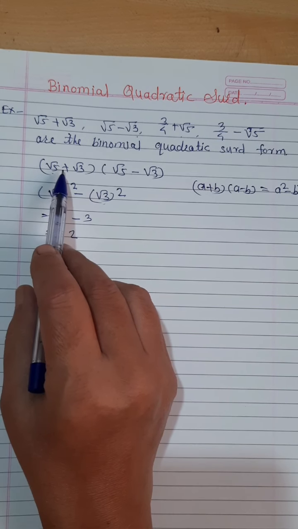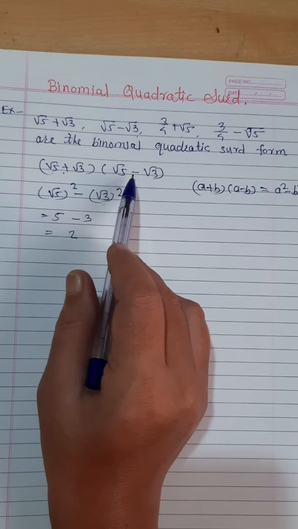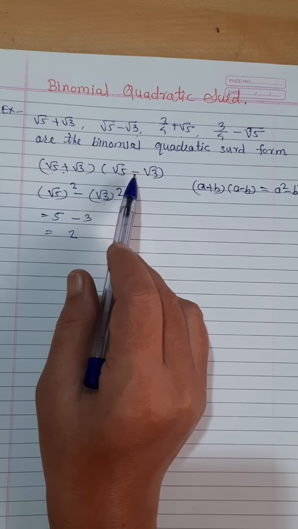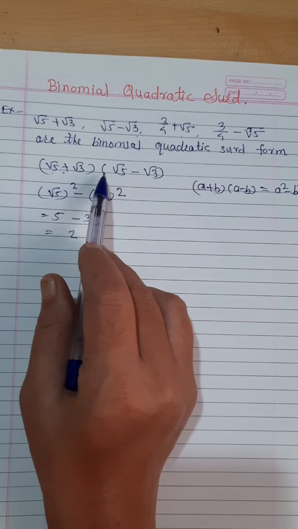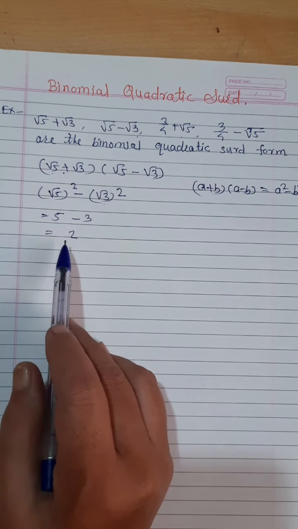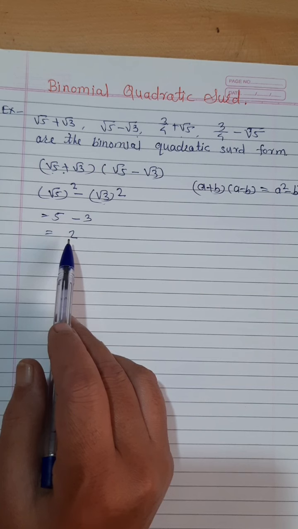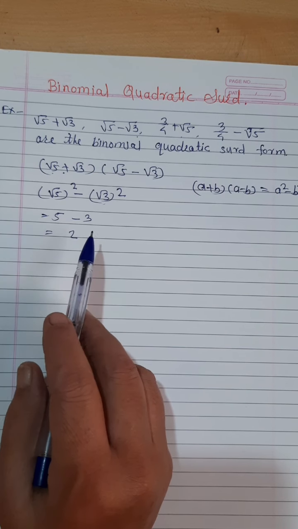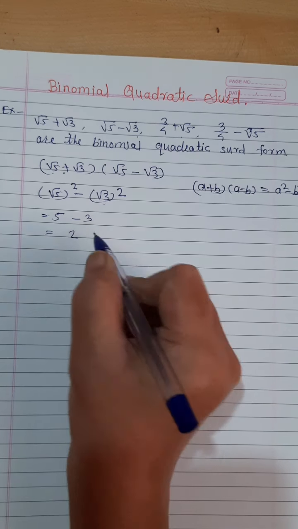This is the binomial quadratic surd. This is also a binomial quadratic surd, and the product of these two binomial quadratic surds is a rational number and therefore it is called the conjugate pairs of each other.